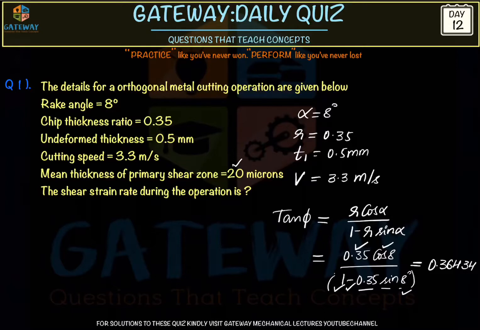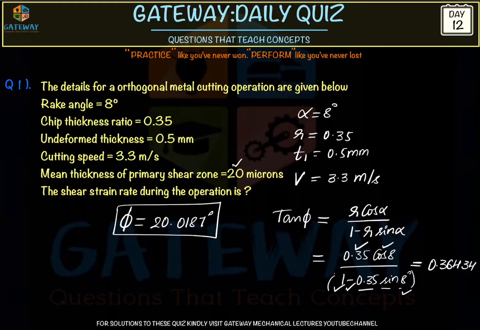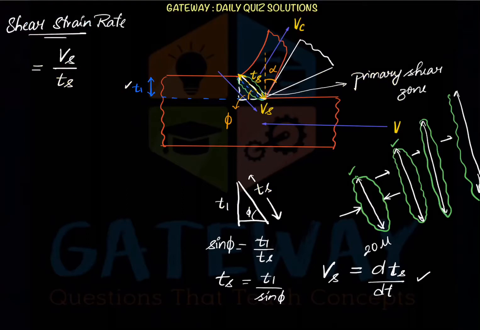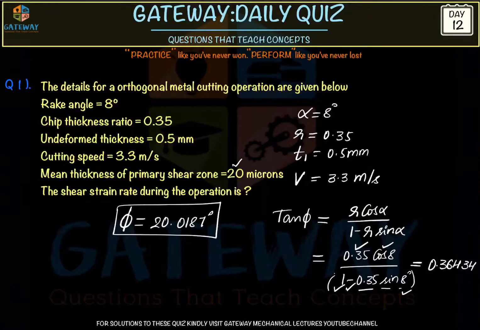That will be very important for the GATE examination. From tan phi we get the value of phi, nothing but tan inverse of 0.36434, and that comes out to be 20.0187 degrees. So phi is obtained. Now we substitute phi in the formula of shear thickness, that is equal to t1, the undeformed thickness or uncut chip thickness, given as 0.5 mm.